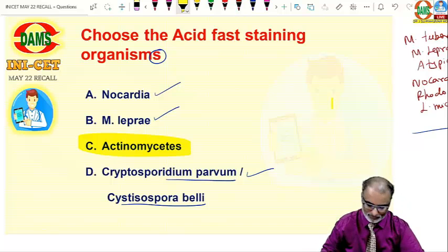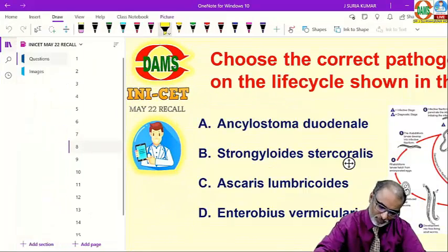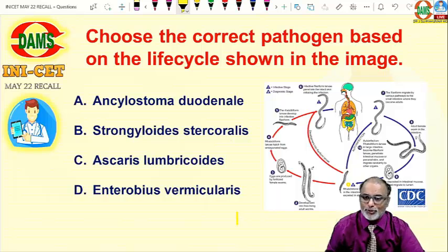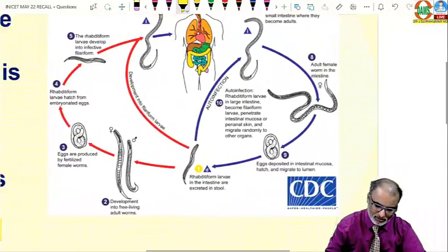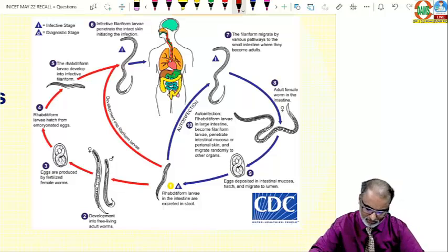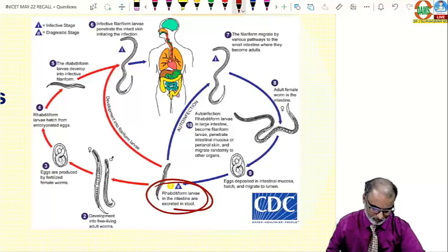Next is: choose the correct pathogen based on the life cycle shown in the image. People give the name, but we didn't get the exact life cycle. I hope so. But this is almost similar. Man excretes Rhabditiform larva in the stool.